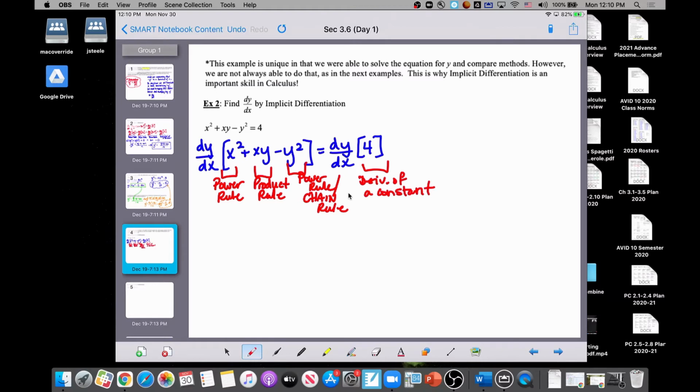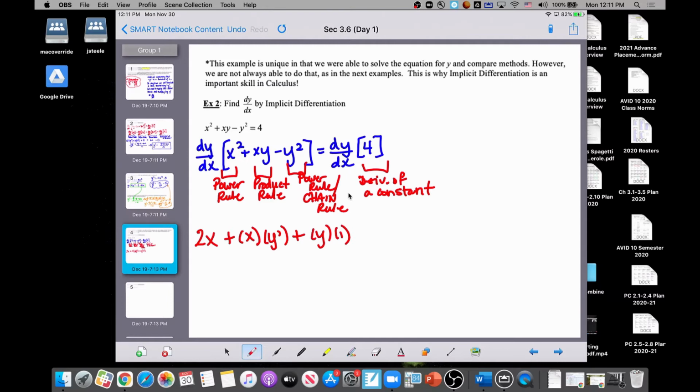Okay, so let's do the differentiation. The derivative of x squared is going to be 2x. The derivative of xy, I have to do first d second plus second d first. So that's going to be first, derivative of y is y prime, so first d second, plus second, that's my y, d first, derivative of x is 1.